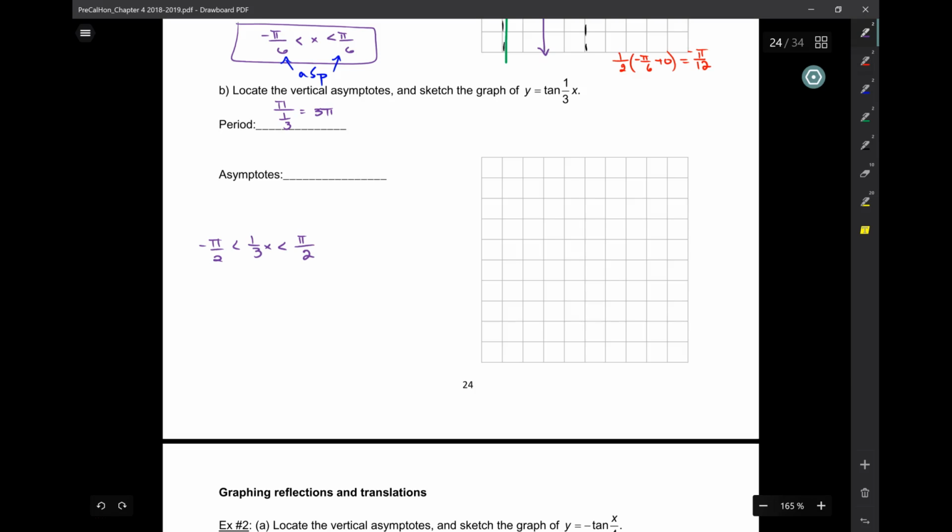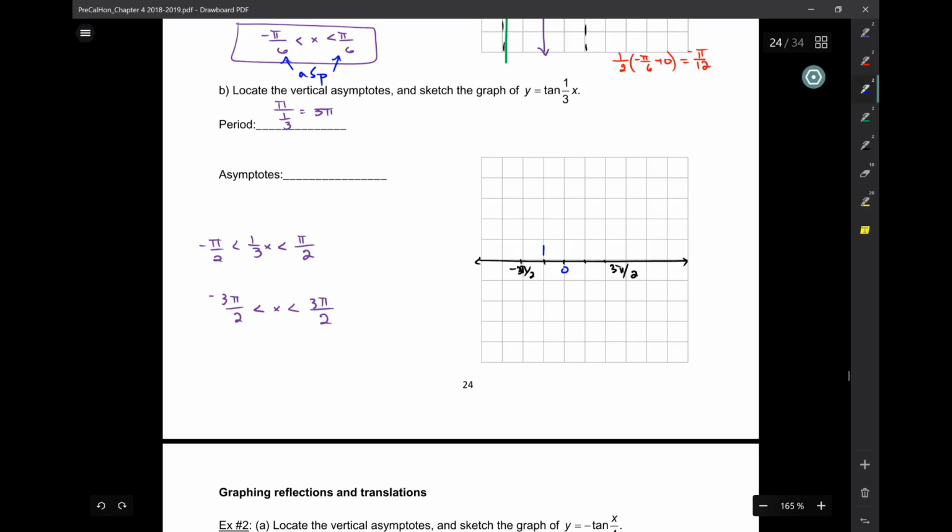Multiply everything by 3: negative 3 pi over 2 to 3 pi over 2. So on my x-axis, I got negative 3 pi over 2, 1, 2, 3, 4, 3 pi over 2. What's the midpoint, the very center of this? 0.